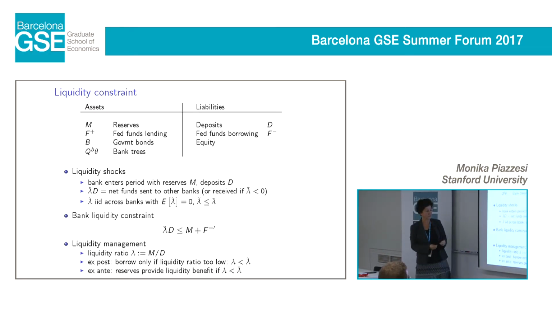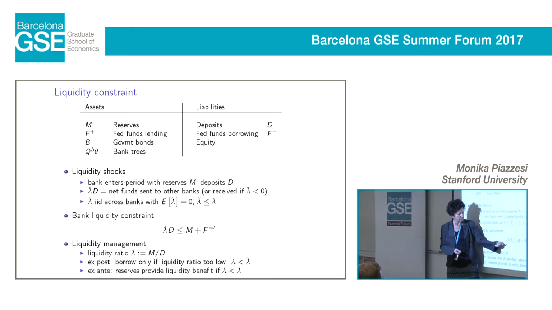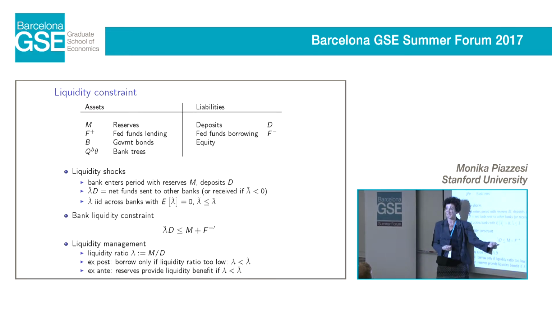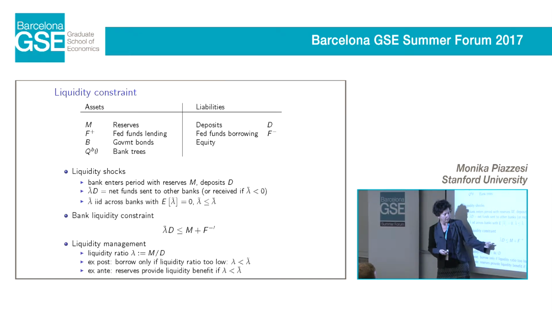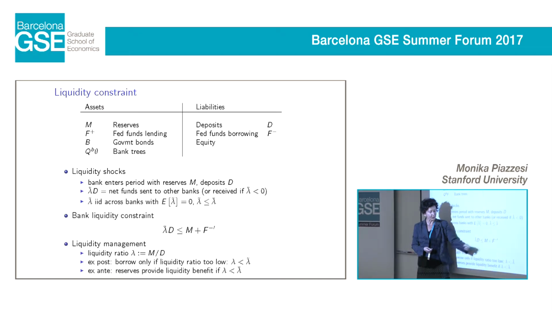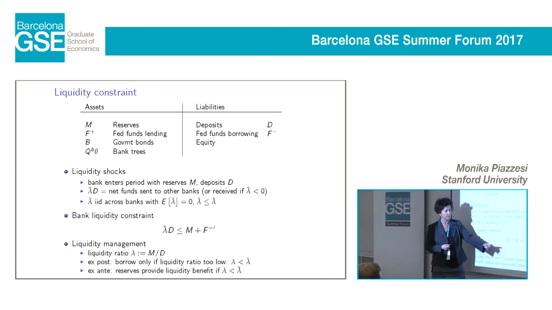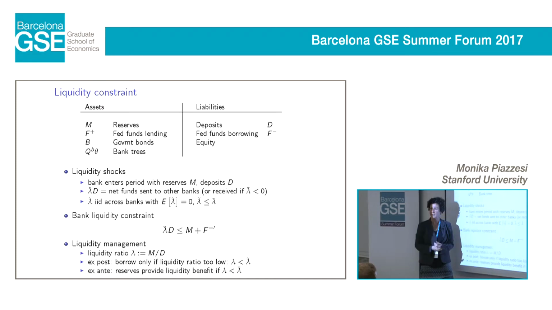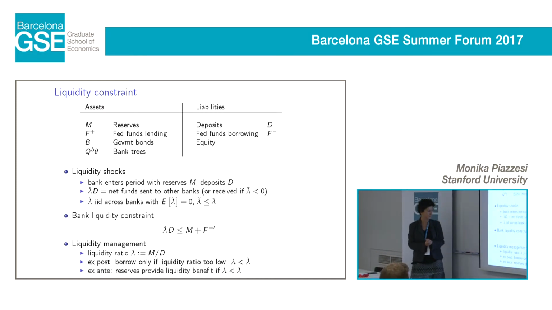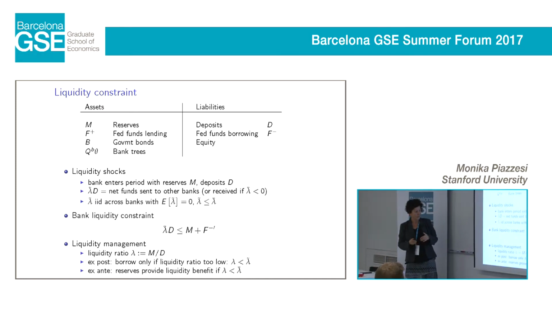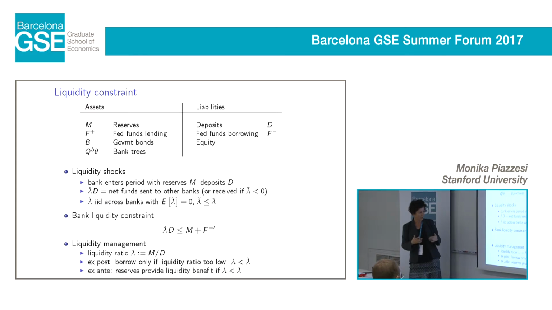So there's a liquidity constraint that says you have to be able to pay these other banks whatever withdrawal you're experiencing. This liquidity constraint says you have to have enough reserves, or you have to borrow from other banks in order to make this transfer to another bank. How does liquidity management work in this model?